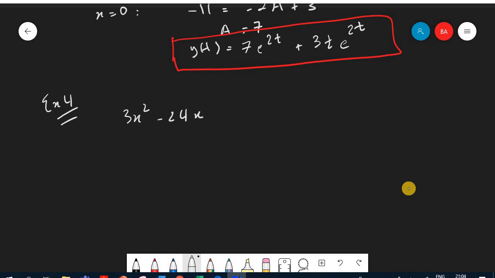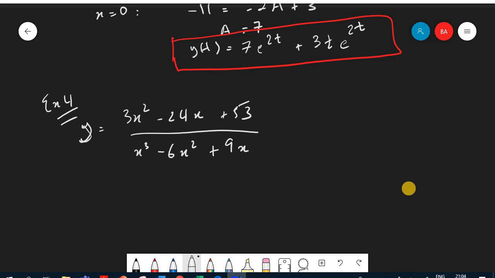So if I have a problem of y is equal to 3x squared minus 24x plus 53 over x cubed minus 6x squared plus 9x.